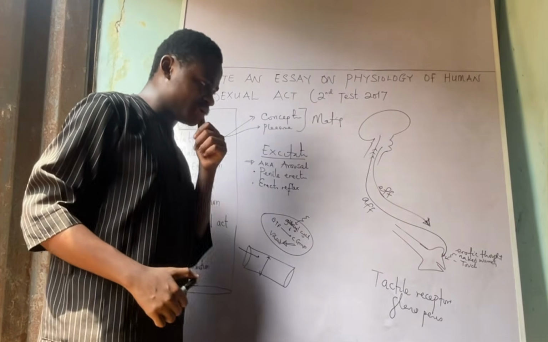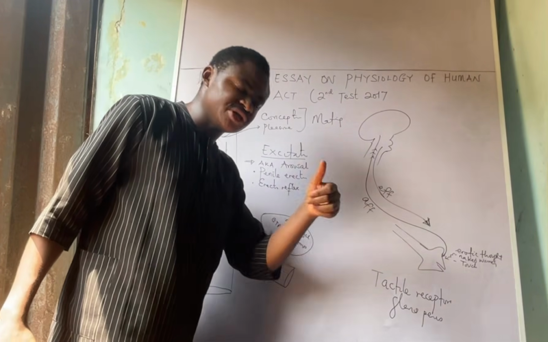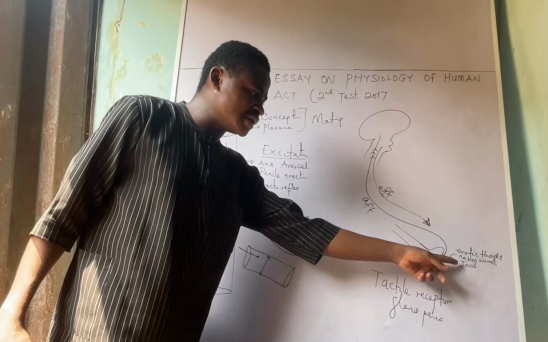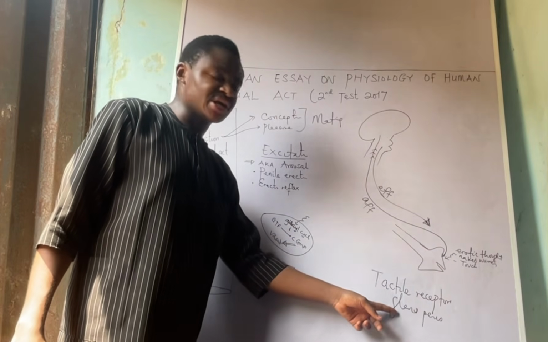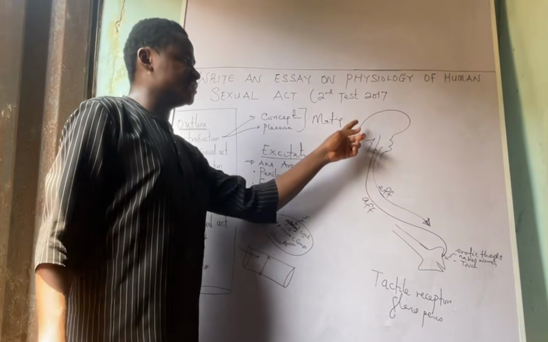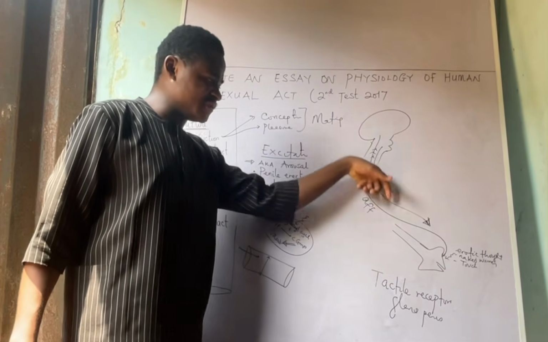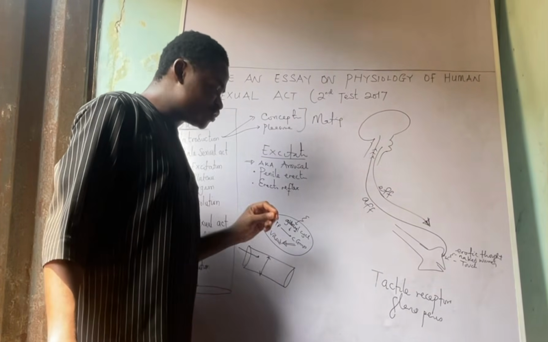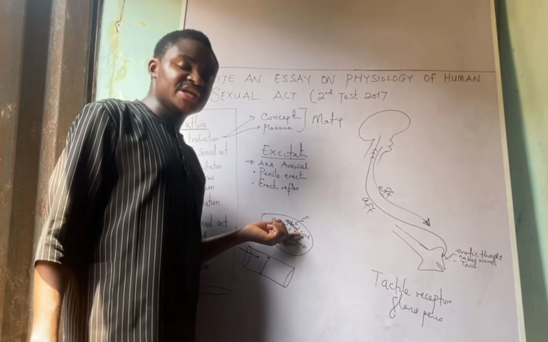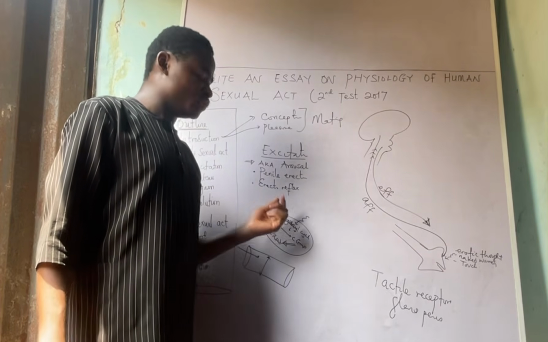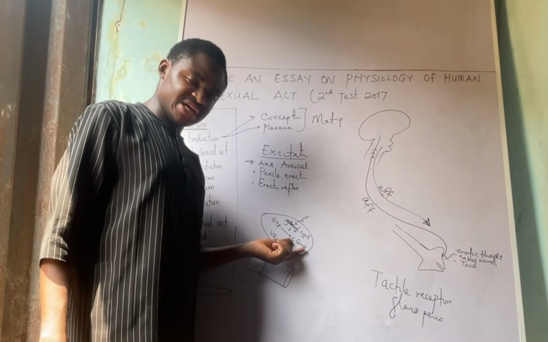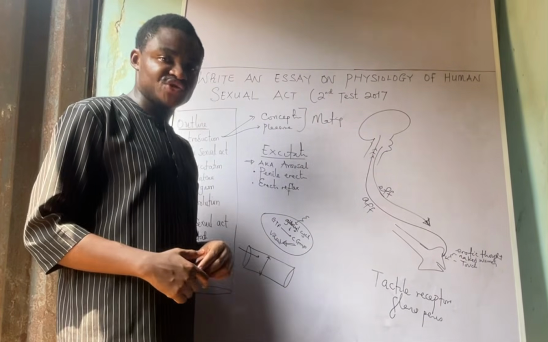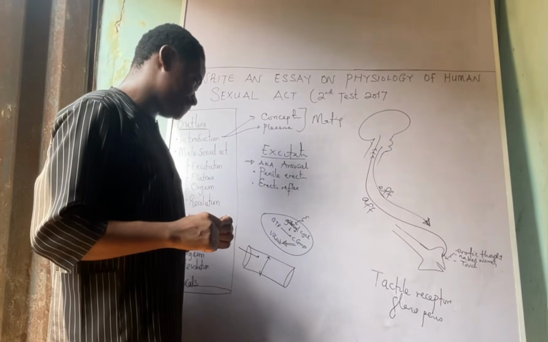So for the erection reflex, number 1, you say the stimuli for it are erotic thought, the sight of a naked woman, and touch. The receptors are the tactile receptors on the glans penis. Afferents are sent to the central nervous system for processing, and efferents are sent back, which will cause an increase in levels of guanyl cyclase, which will cause an increase in conversion of GTP to cyclic GMP, and this will eventually lead to vasodilation.